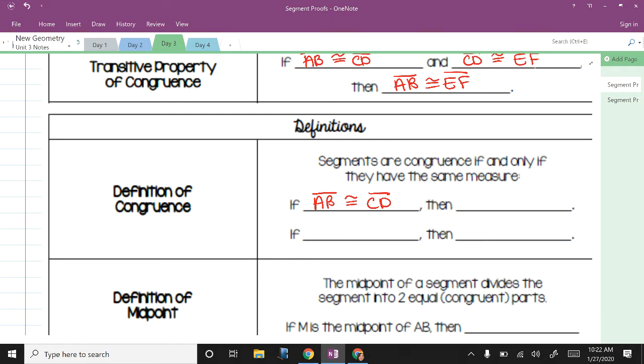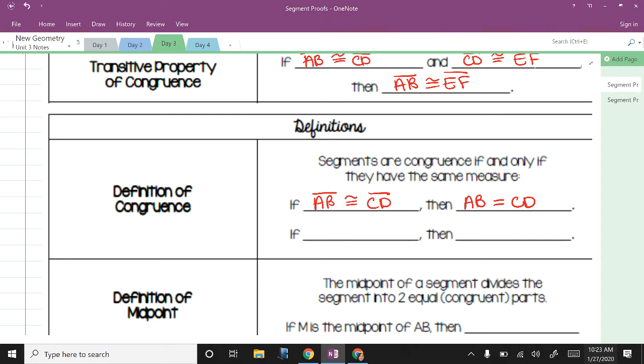And remember when we did the measure of a segment, we called it the length of that segment, and our symbol for that was just the capital letters with no bar or anything. So the objects are congruent, which means their measures are equal.